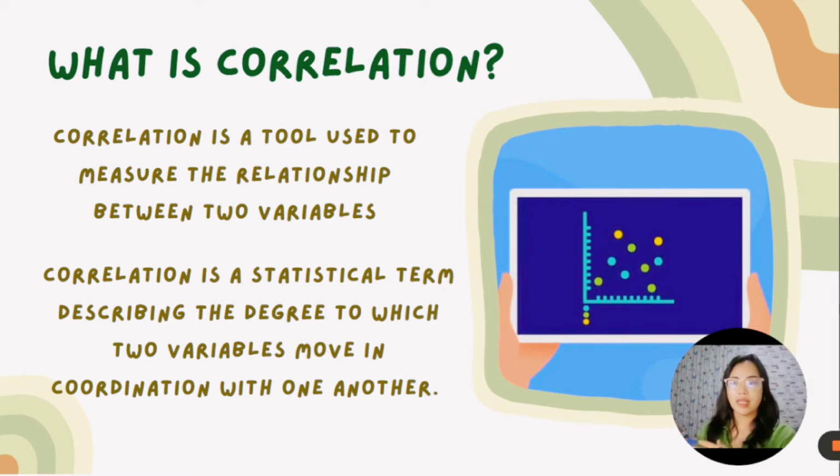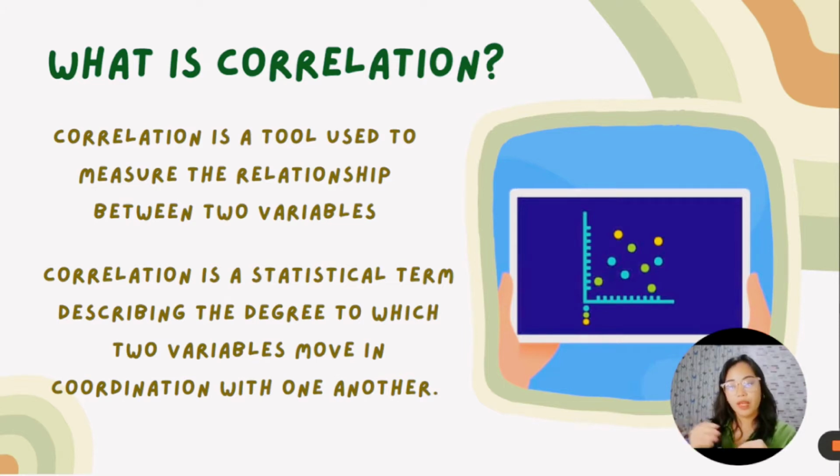Correlation in statistics means the degree to which two variables move in coordination with one another. Earlier, we talked about how they are connected or related with each other. Another definition states that correlation is a statistical term that describes how one variable is coordinated with another variable.